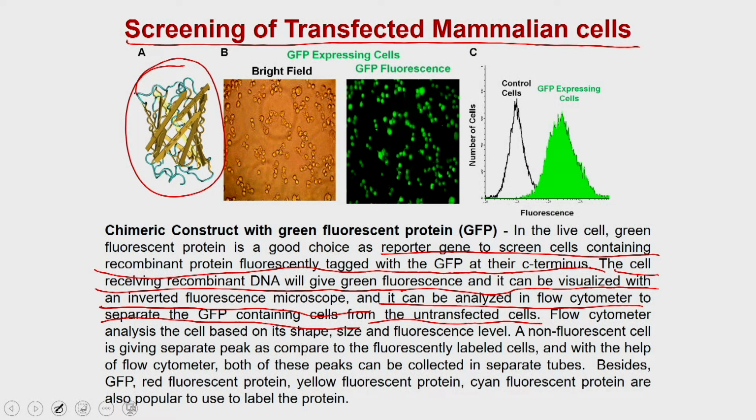So, in the first step you take the cells and transfect them with the GFP. If the construct gets into the cell, it is going to give the green fluorescence. So, all the cells which give the green fluorescence are transfected cells, and all these transfected cells can be separated from the non-transfected cells, which are not going to give you the green fluorescence, simply by using the flow cytometer.